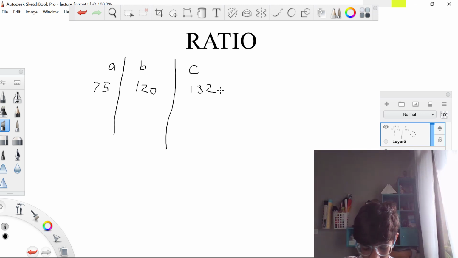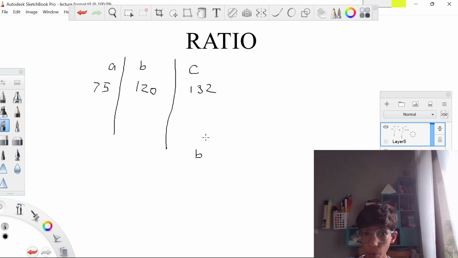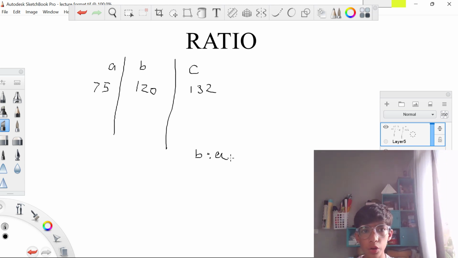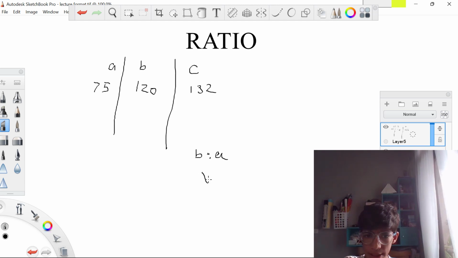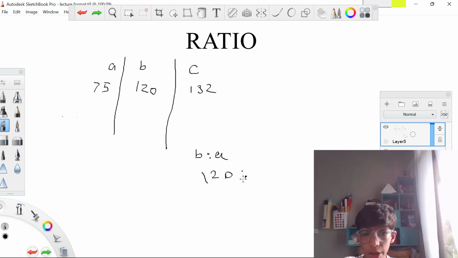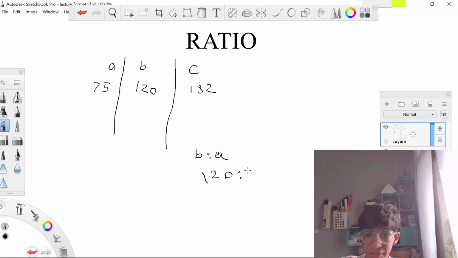So they're saying B ratio A. So B is 120, ratio, it's written 75.